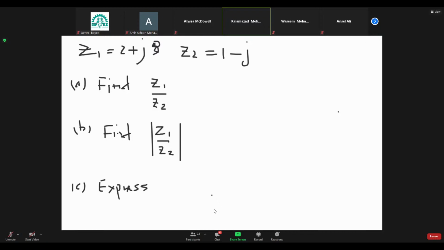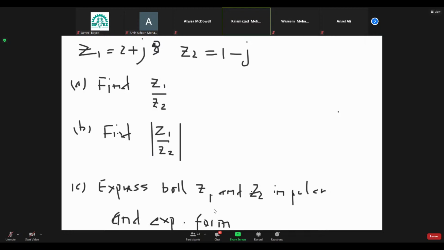Part C, express both Z1 and Z2 in polar and exponent form.